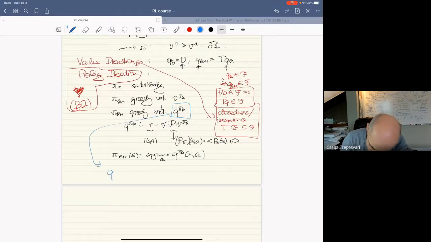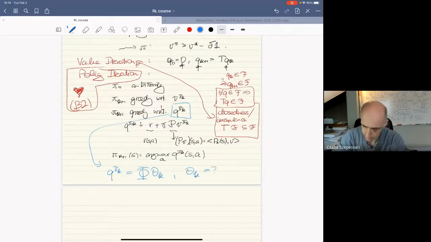So there exist some coefficients such that this holds, but we want to calculate these coefficients. And what do we have? We have the previous policy. We have this pi k, which is given in this implicit form.